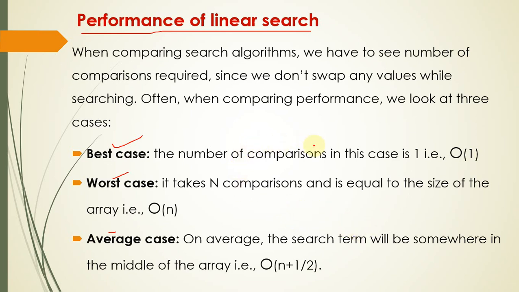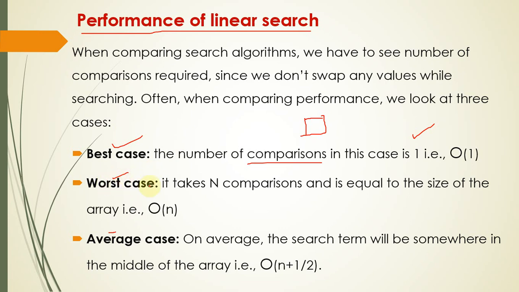If the search item is 10 in our example and 10 is the first element of the array, then with the first comparison only, we can say the search item is found. That is the best case.